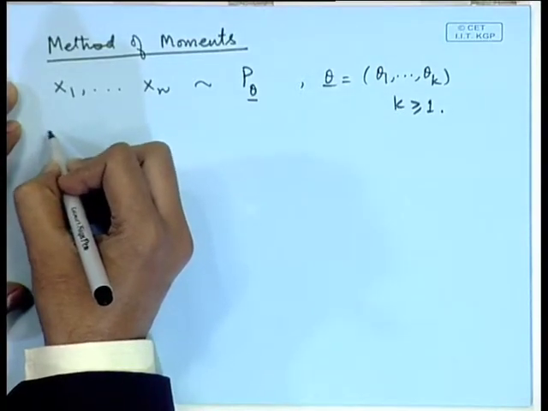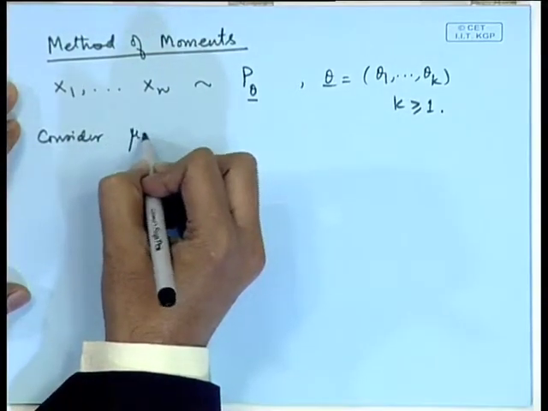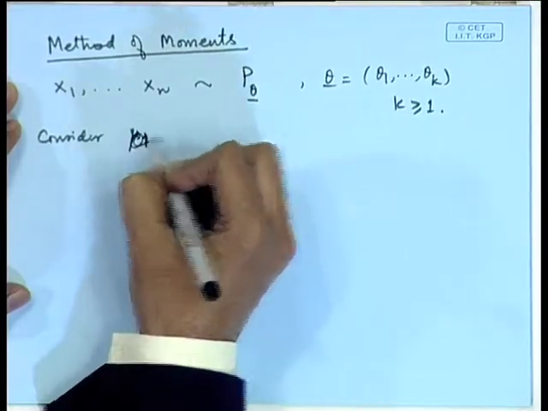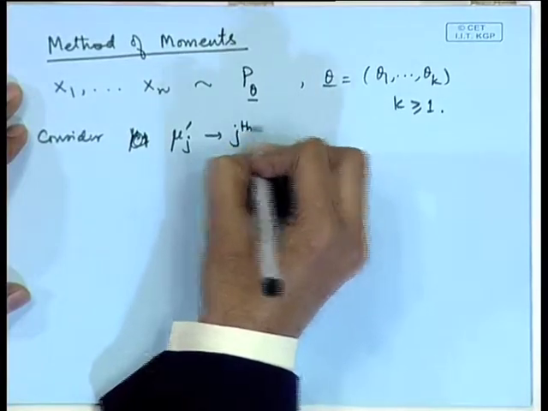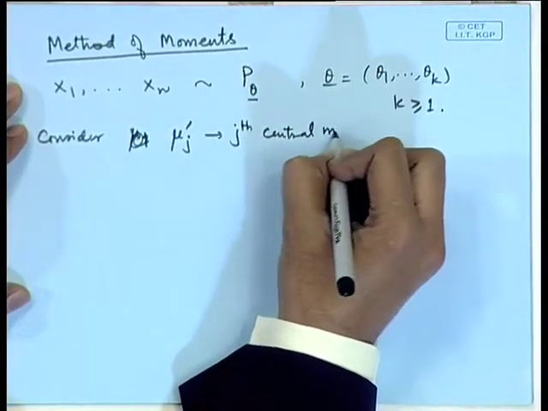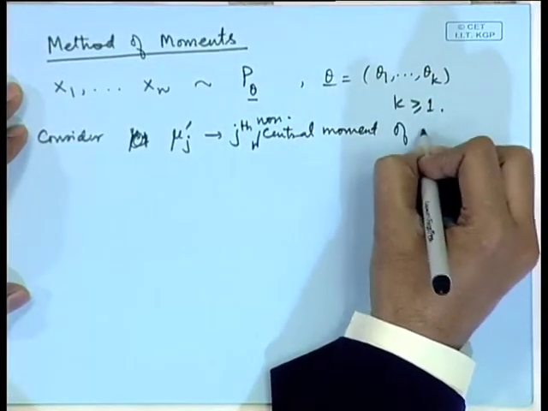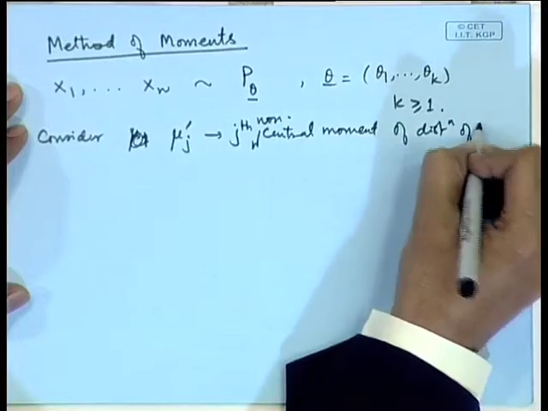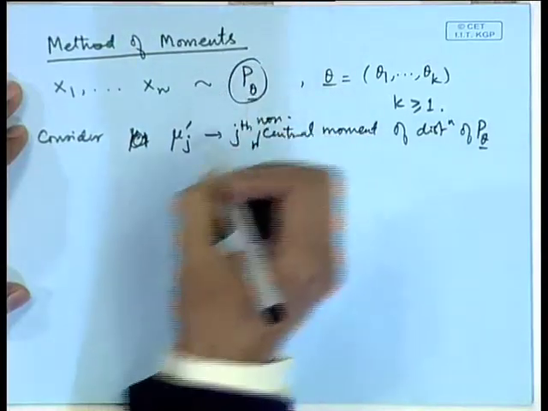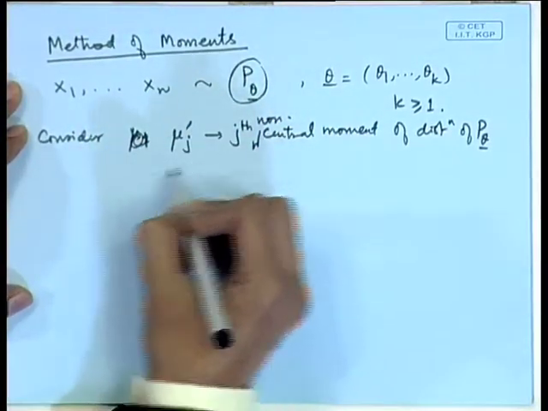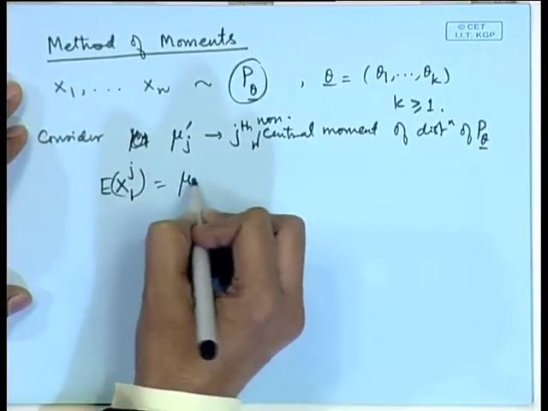What we do? We consider mu_j prime, that is the jth non-central moment of the distribution of P theta. That means, if x_1, x_2, ..., x_n is a random sample from here, then expectation of x_1 to the power j is actually mu_j prime.